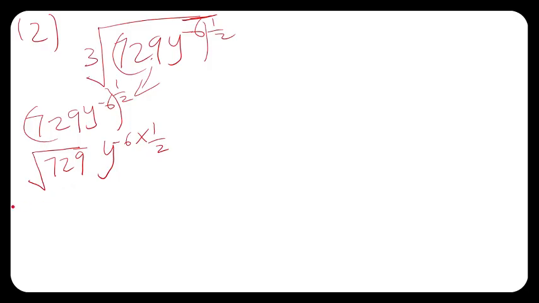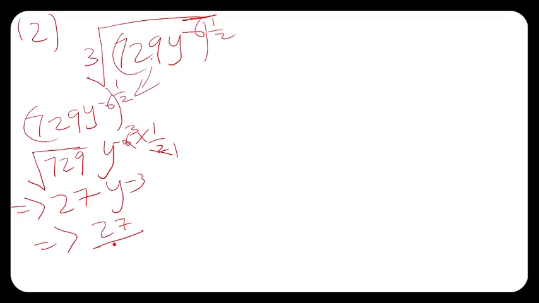What's the square root of 729? It is 27. So when we do this, 2 goes here once, 2 goes here, 3. So we now have y raised to power minus 3. This is the same thing as having 27 all over y cube. Right?